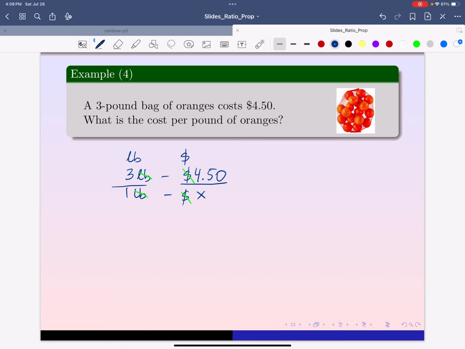So what I'm left with is 3 over 1 is equal to 4.50 over x. We can solve the proportion by cross multiplying. So we're going to have 3x is equal to 1 times 4.5.